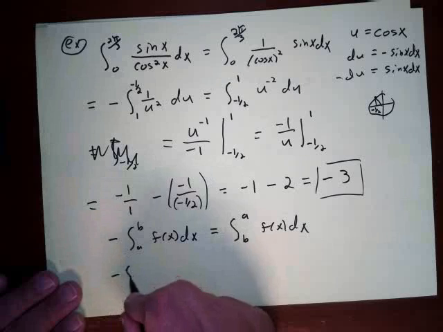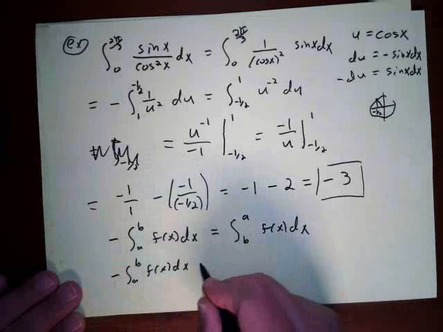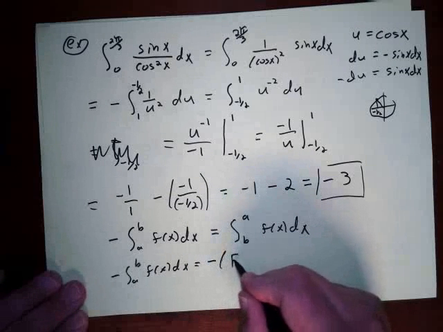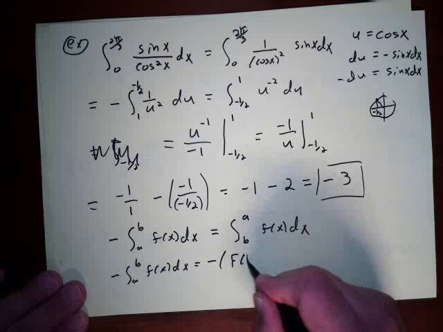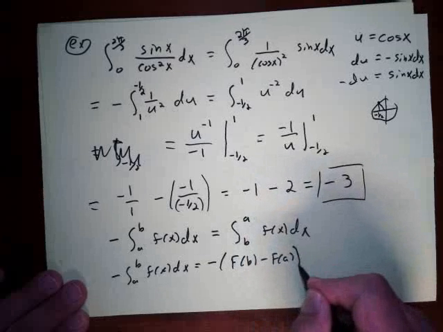You know, you could almost show this. If you had this f of x dx, this would equal the opposite of F of b minus F of a, right?